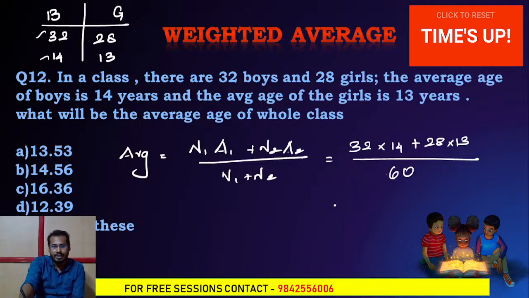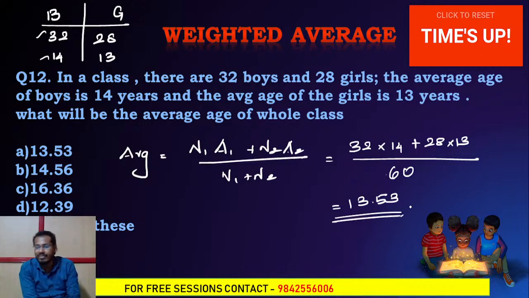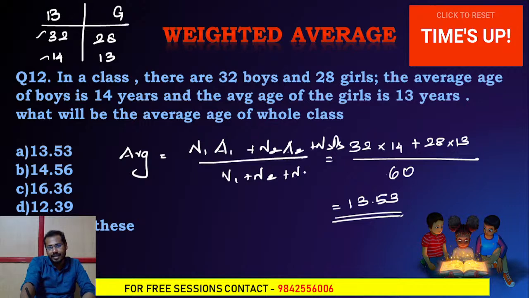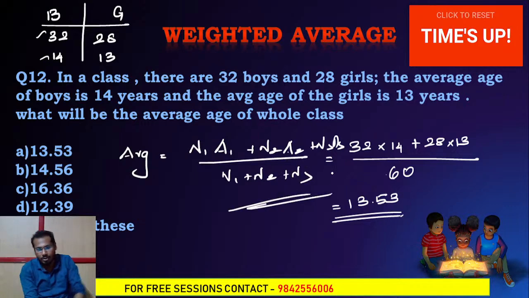If you solve this, you will get 13.53. This is the right answer. This is the first way of getting the answer for weighted average. If we had three groups, we would add N3 A3 as well.